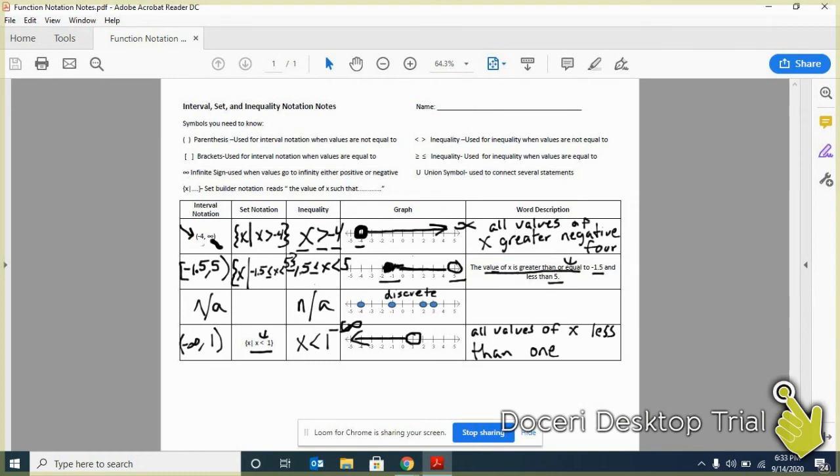Okay. So we want all values of x such that x is equal to negative 4, negative 1, 2, and 3. Negative 1, 2, and 3.